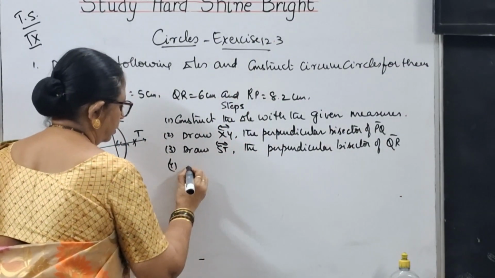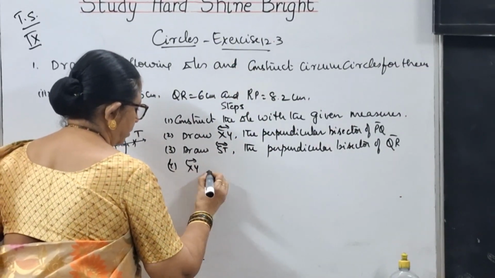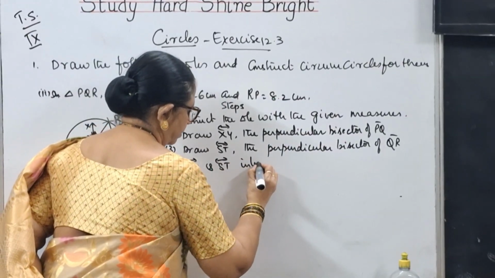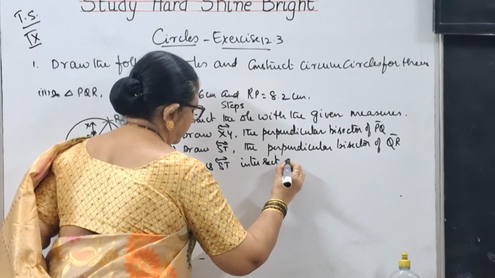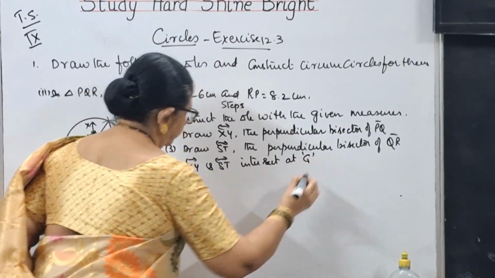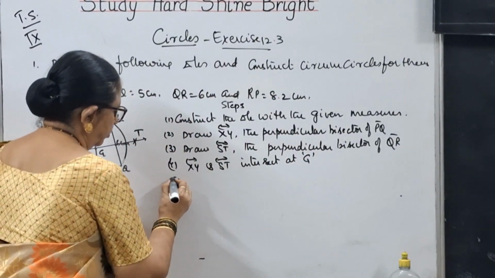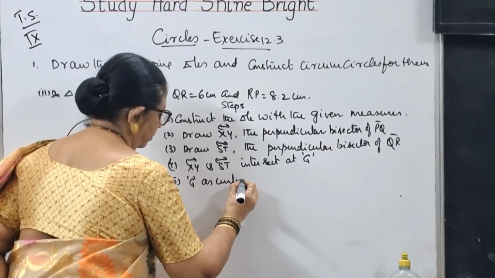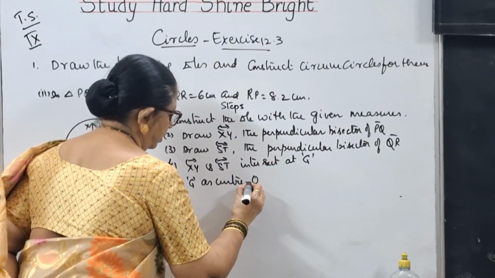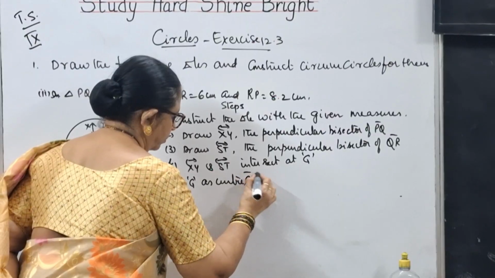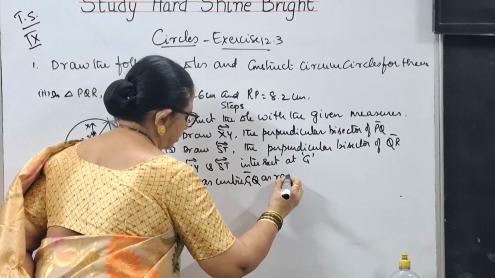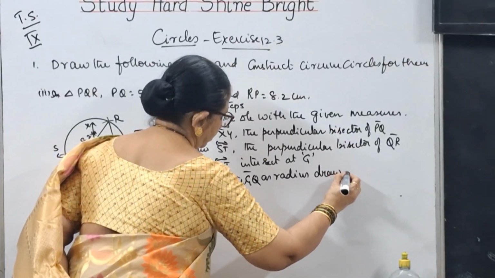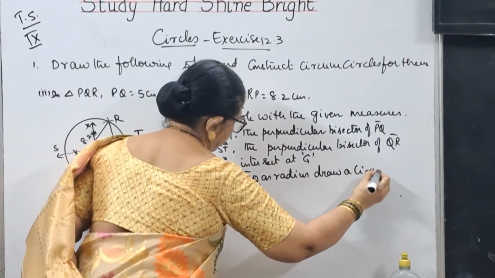Fourth point, XY and ST intersect at G. Fifth point, G as a center, GQ as a radius, draw a circle.